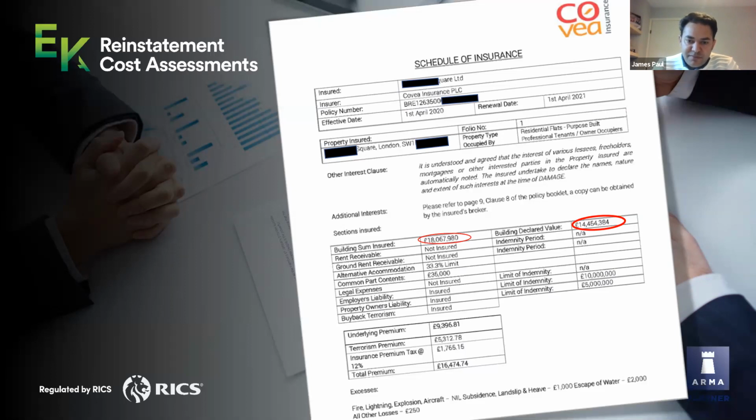So these things might be the alternative accommodation, which you can see a couple of cells down from that £18 million figure, and other factors such as terrorism and various other things. And the £18 million figure there is what the premium's actually based upon, even though the lion's share of that is the building's declared value.